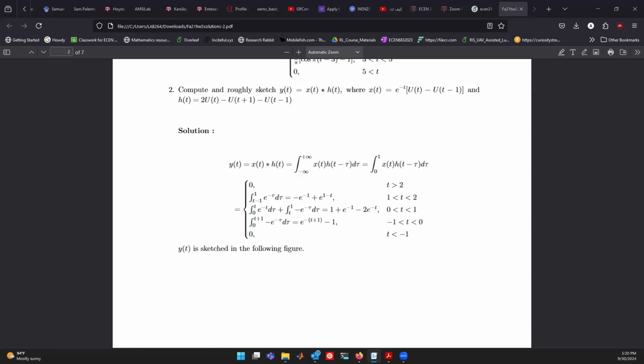And this is when t is between minus 1 and 0. And then finally, the last interval with no overlapping when t is less than minus 1. So let me highlight those intervals.